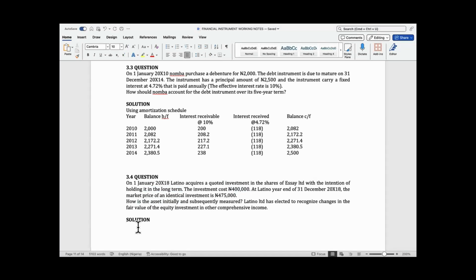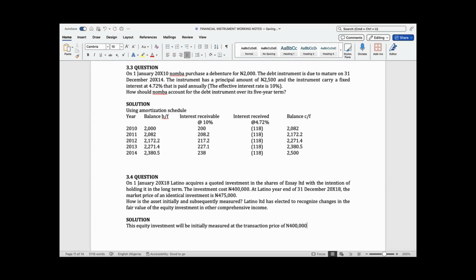So that means this equity investment will be initially measured at the transaction price, a transaction price of 400,000.